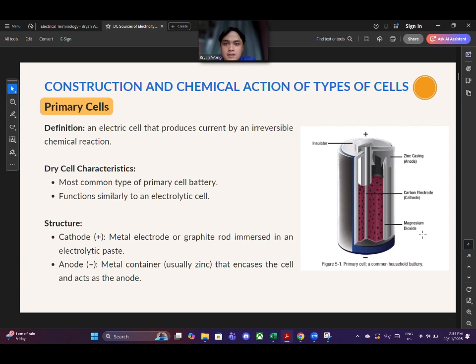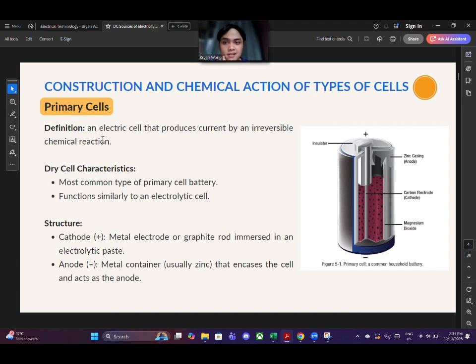Next one is construction and chemical action of types of cells. Under this, there are primary cells. Let me explain what primary cells are. By definition, a primary cell is an electric cell that produces current by an irreversible chemical reaction.